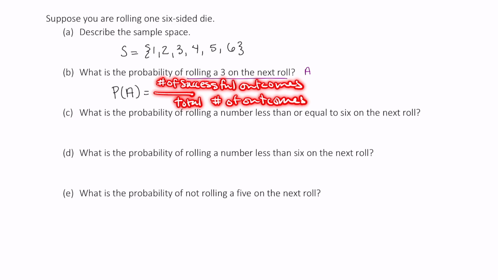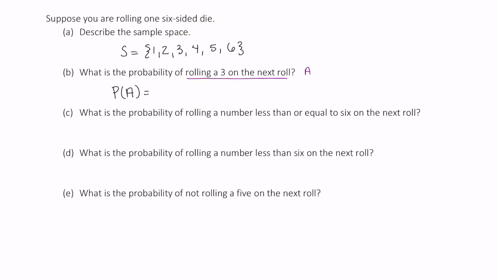So in this case, the success is a 3, and we have one of those, and we have 6 total possible outcomes. So this probability is 1 out of 6. As a decimal, that's equal to 0.1667.